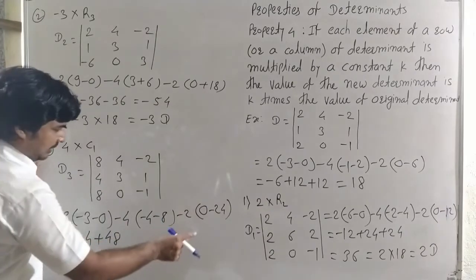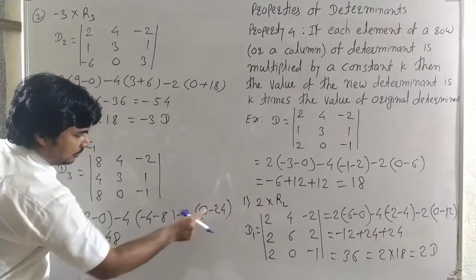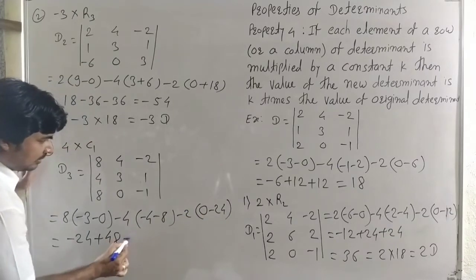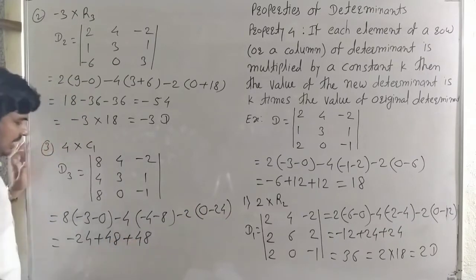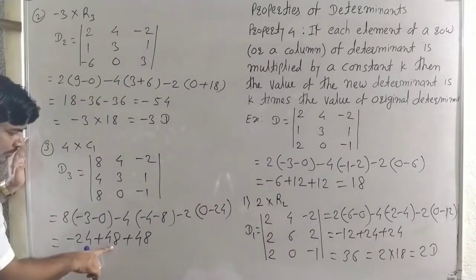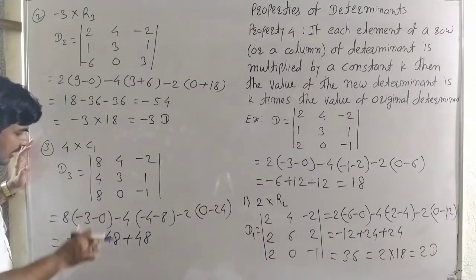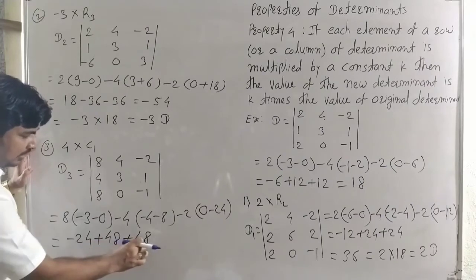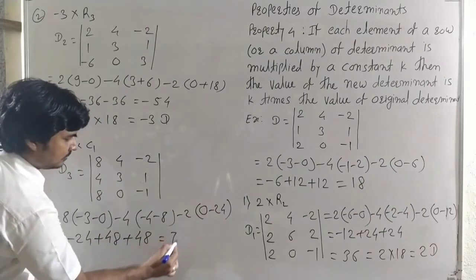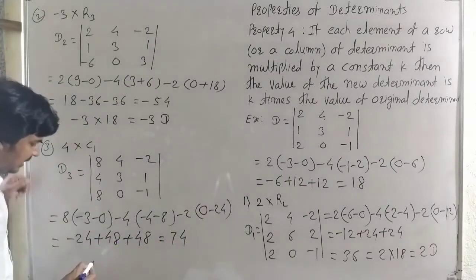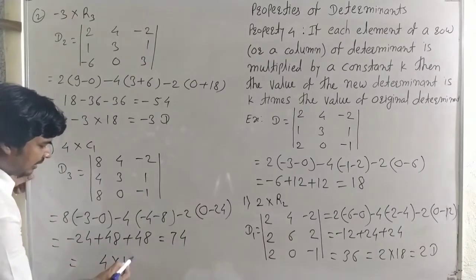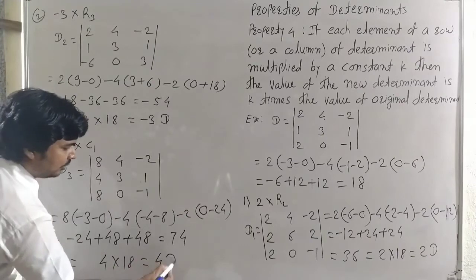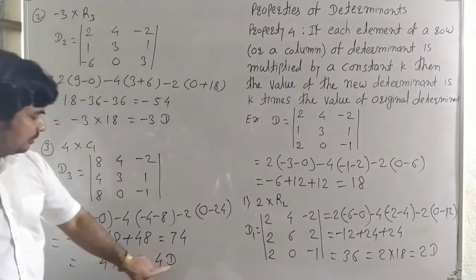And then here it is minus 24, so we can write plus 48. Then minus 24 plus 48 is 24, plus 24 and 48, it is 72, and then it is 4 into 18, that means 4 into the original determinant, 4D.